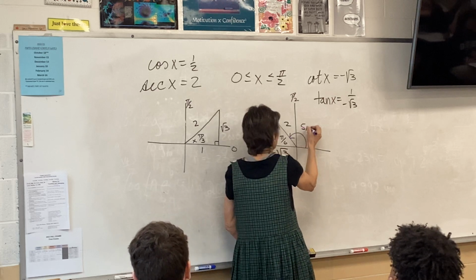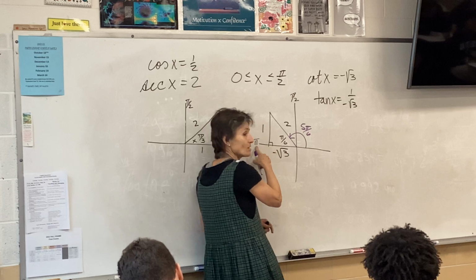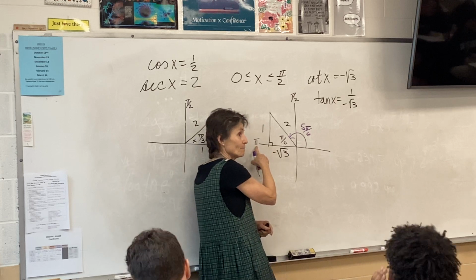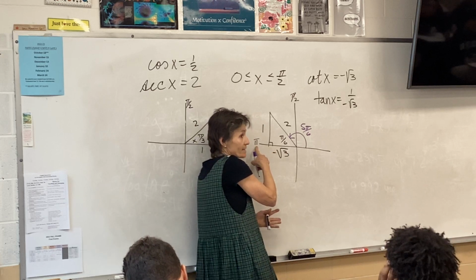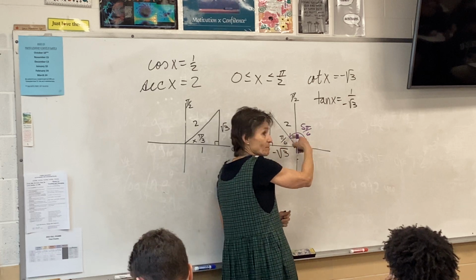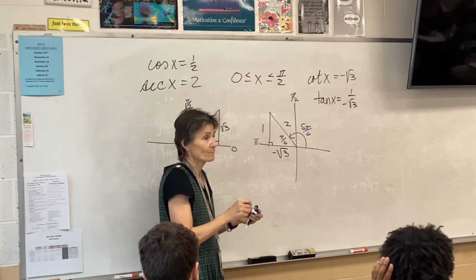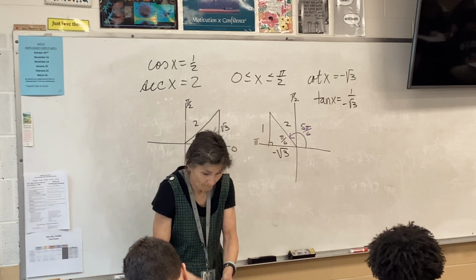I heard somebody say 5 pi over 6, and you are exactly right. Because this is a whole pi, which is 6/6. If that's one of the 6ths, then this has to be the other 5. Does that make sense to you? So the purple angle is the answer to the question.